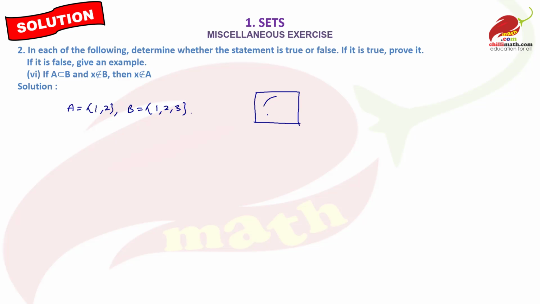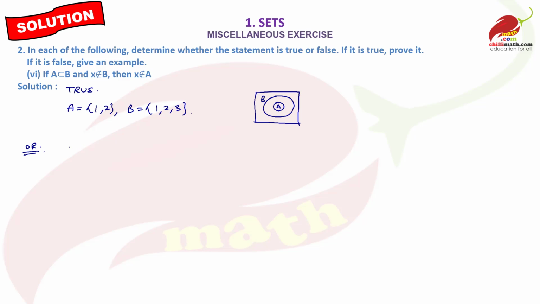Suppose this is B and this is your A. So if any element is not there in B, it cannot be there in A. So this is true. Okay, one more method is there.